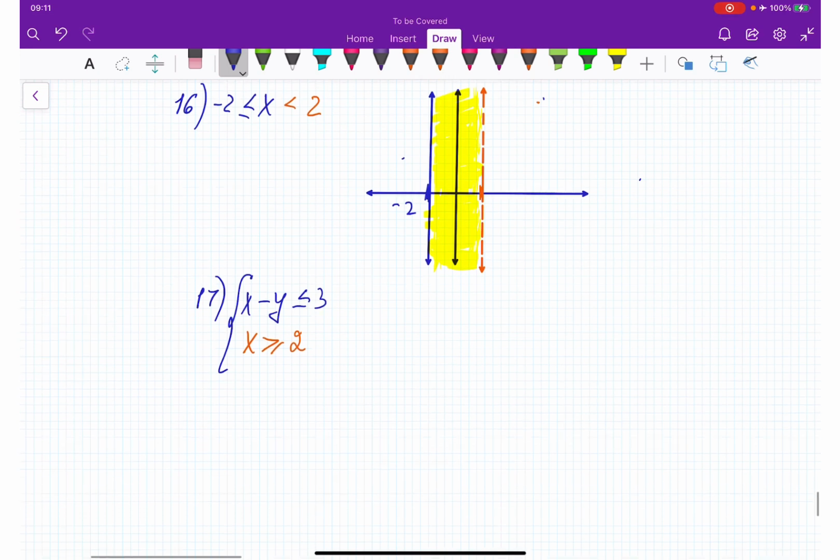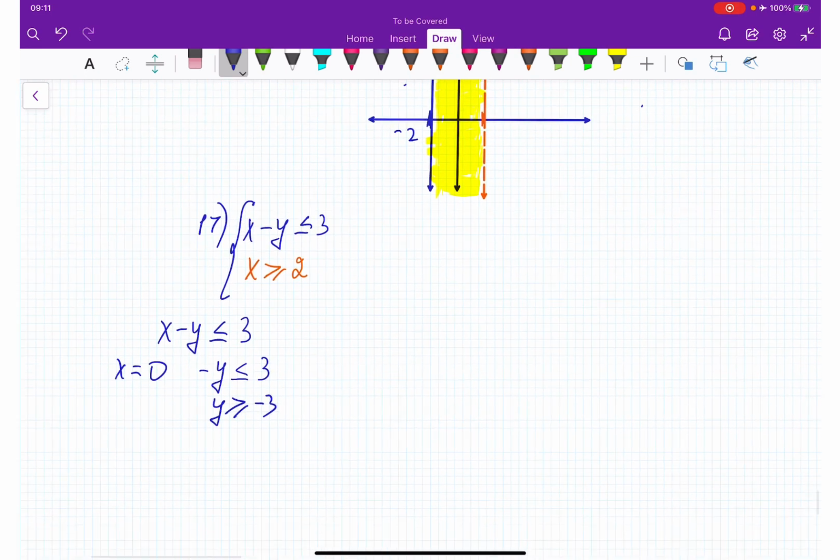So for the blue one, x minus y less equal 3, x is equal 0, negative y less equal 3, which means y is greater equal negative 3. Everything is changing, right? Sign, symbol. So coordinate is 0, negative 3. And the other one, y is equal 0, we get x is less equal positive 3. So the solution 3 and 0.